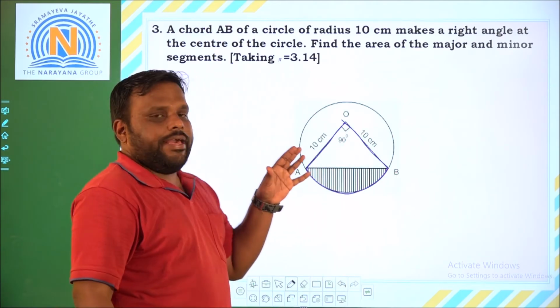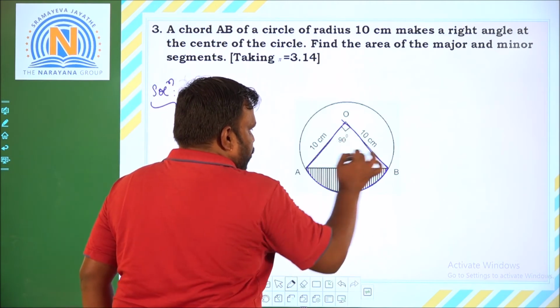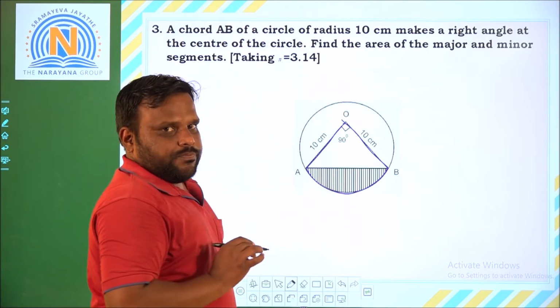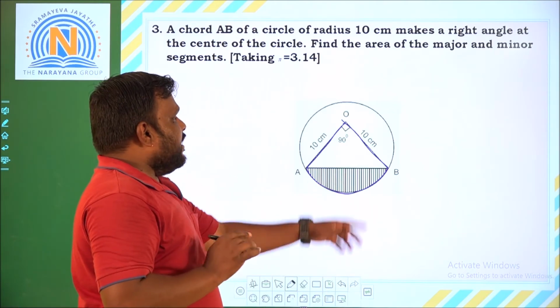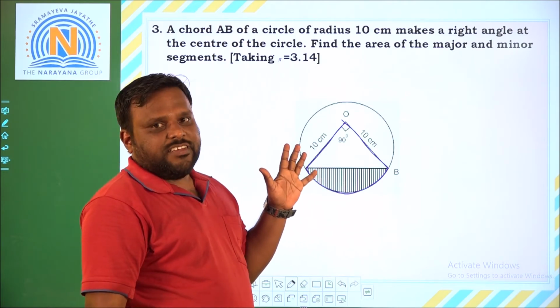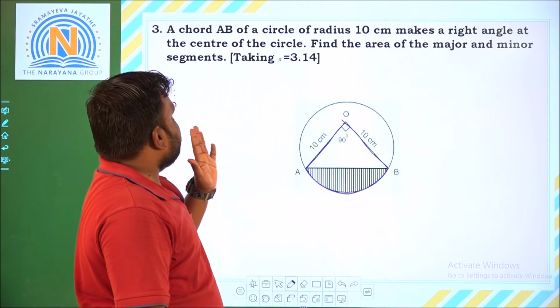First I have to find the area of the sector. From that, if I remove the area of this triangle OAB, I will get this shaded part, that is the minor segment. Next, to get the major segment, the area of the circle minus the area of the minor segment will give me the area of the major segment. This is what I have to do.